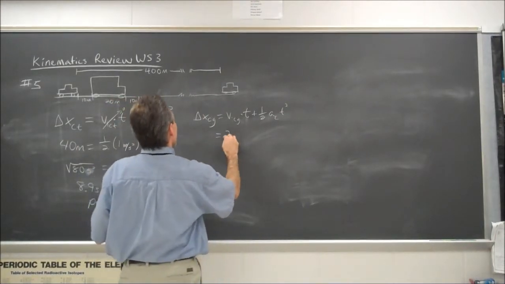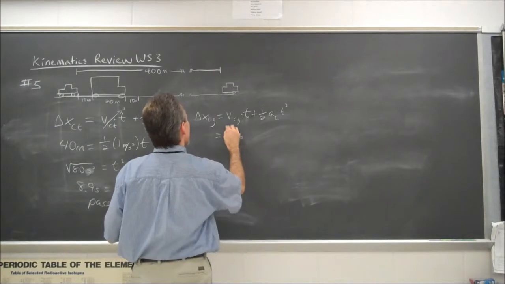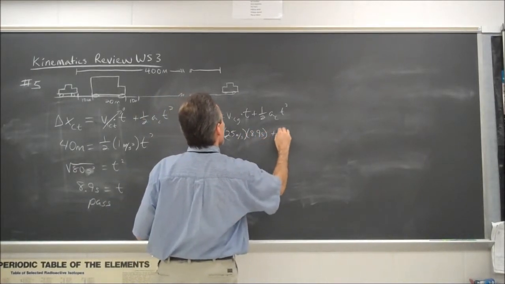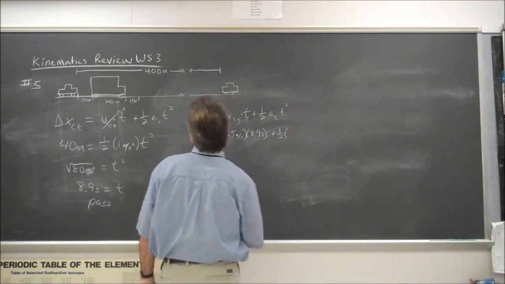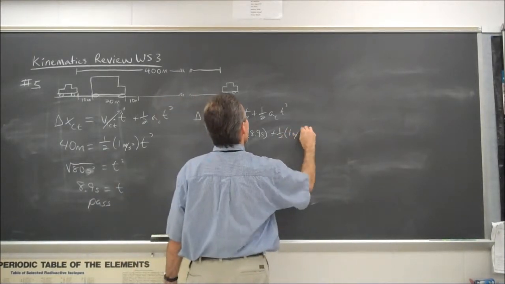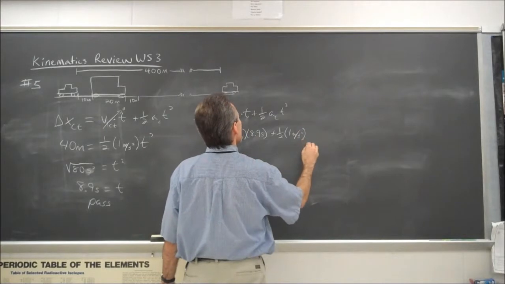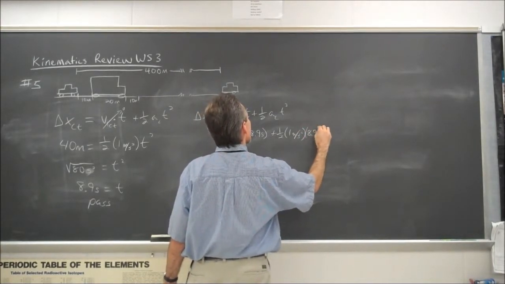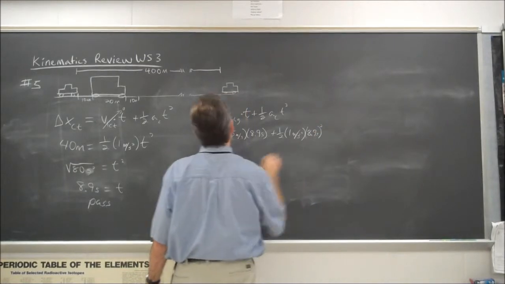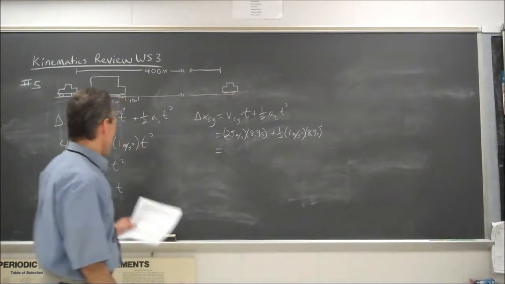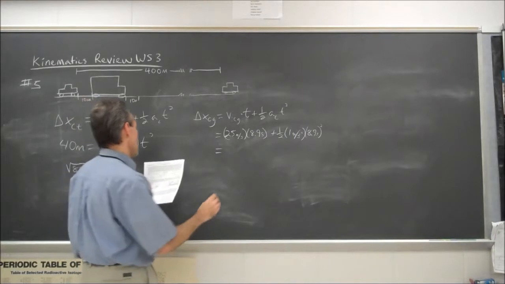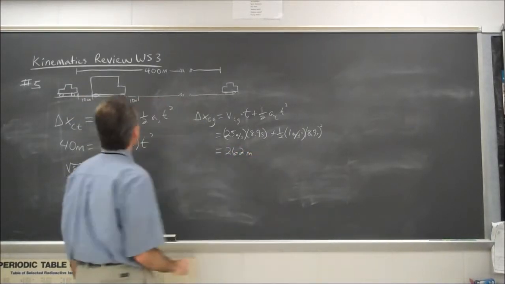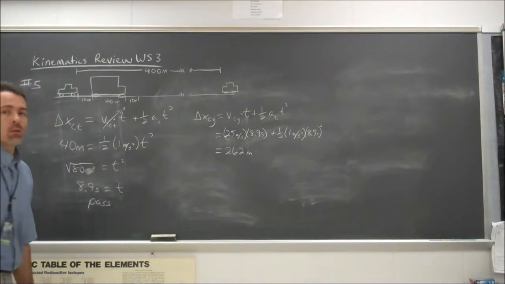So this would be 25 meters per second, we're given that, times the time of 8.9 seconds, plus 1/2 the acceleration, which is given as 1 meter per second each second, times the time of 8.9 seconds squared. And when you solve this, you get 262 meters. So it looks like, oh, he can do that for me, 400 meters, no problem.